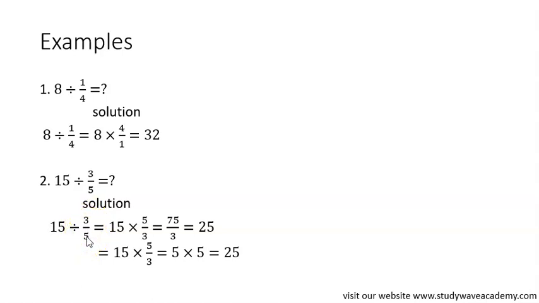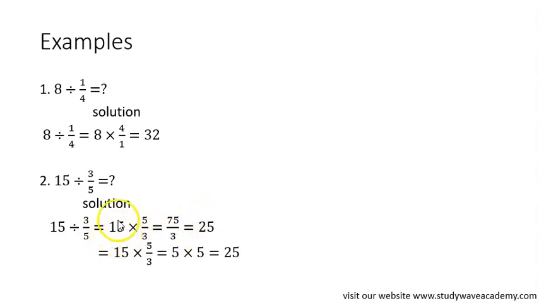So what do we do? We exchange the divisor, right? And change the division sign to multiplication. So we have 15 times 5/3. We can say 15 times 5 is equals to 75/3.